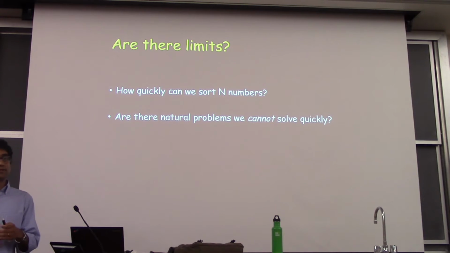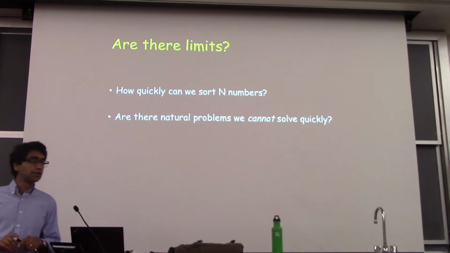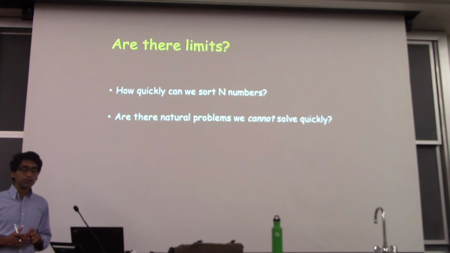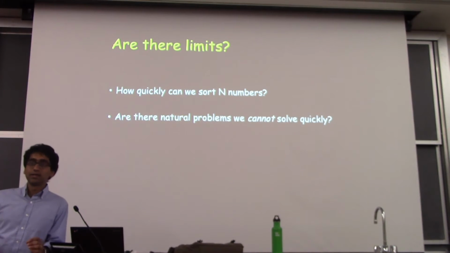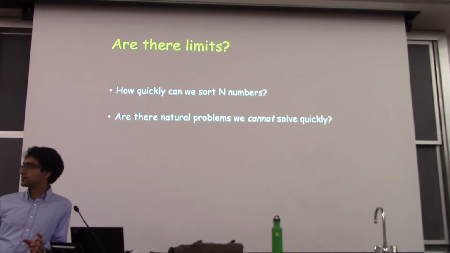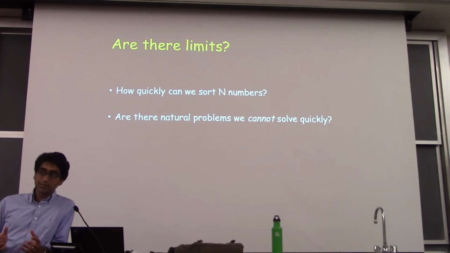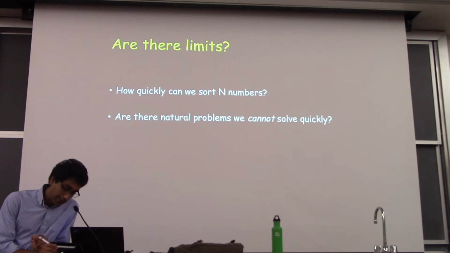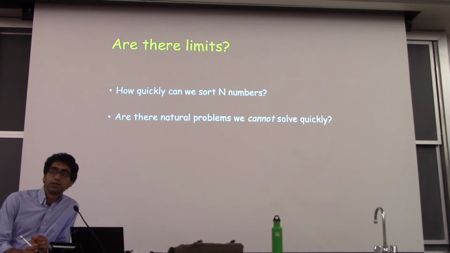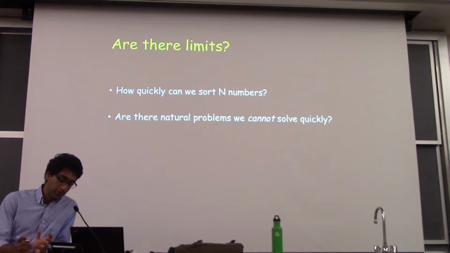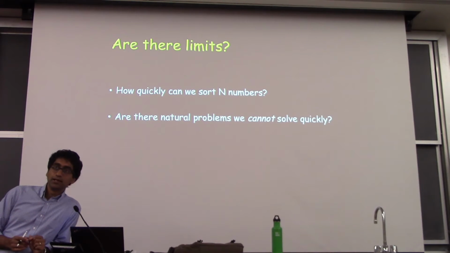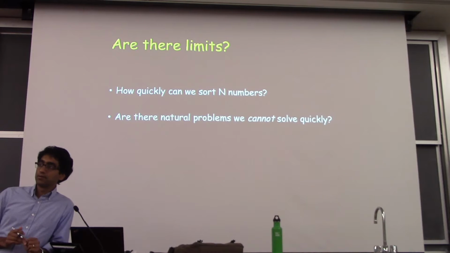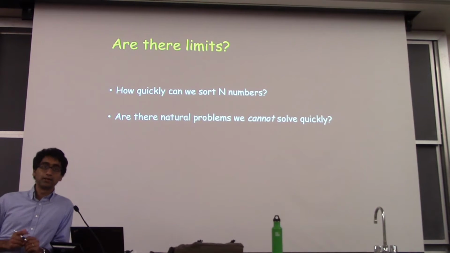It turns out this is very difficult, because what you are saying is that no algorithm, no matter how clever, can run faster than this, and these kinds of statements are very hard to make. The first simple question we'll consider is how quickly we can sort n numbers. We've seen merge sort and a bunch of sorting algorithms. They have some running time, and the question is, can you do better than that?